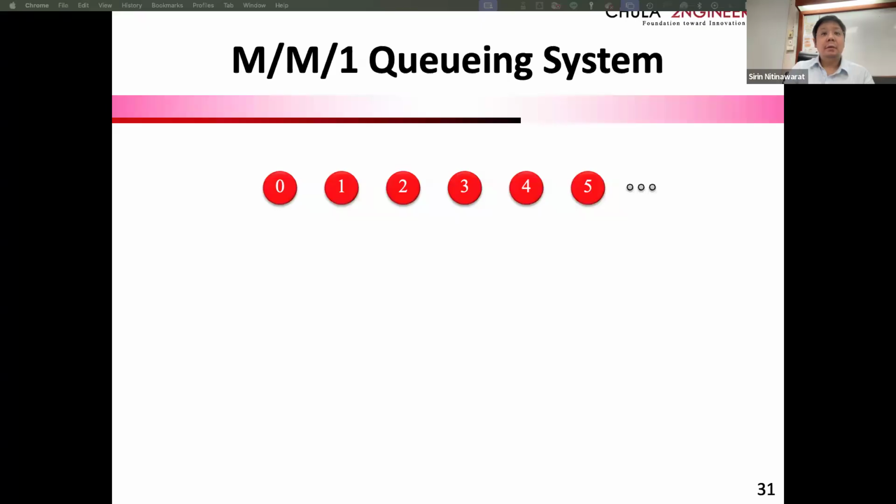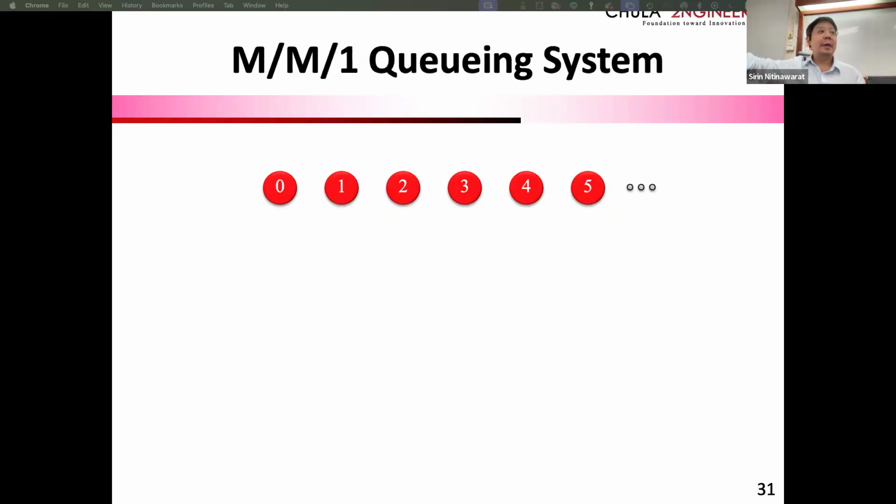Because of the statistics underlying the arrival process and the service mechanism, when you let the MM1 queuing system run forever, depending on the randomness of the system, customers will be coming in and some customers keep going out.